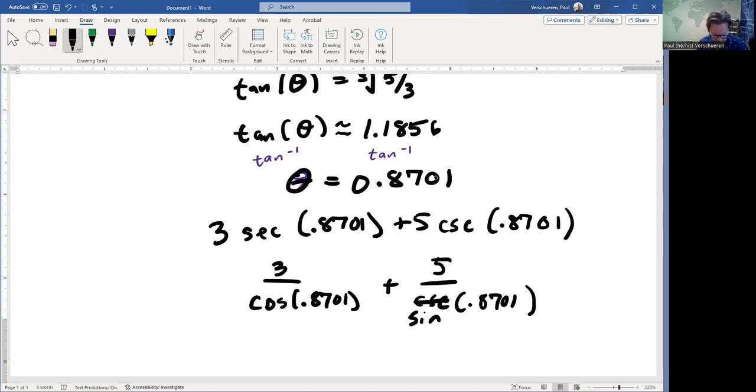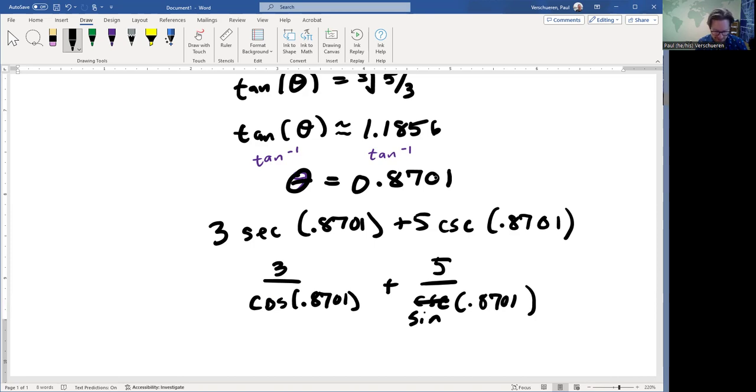I entered cosine twice instead of sine in the second thing. Change that. Oh, I did something wrong. I've got to retype this. Type this correctly and you'll get it all good.